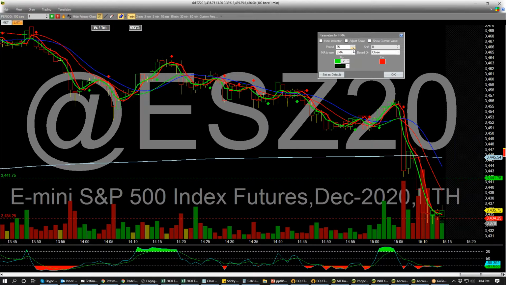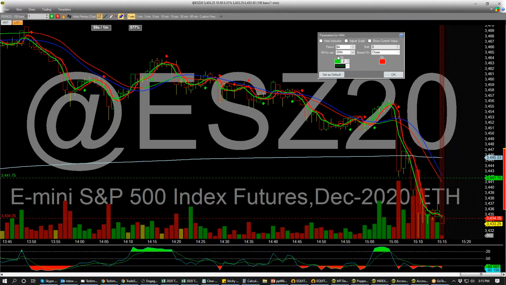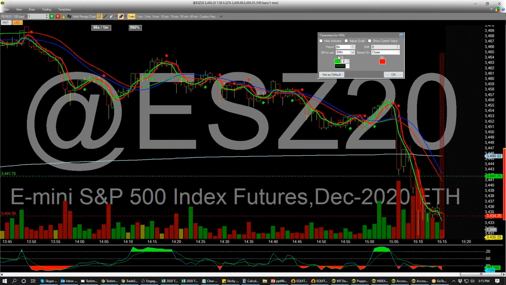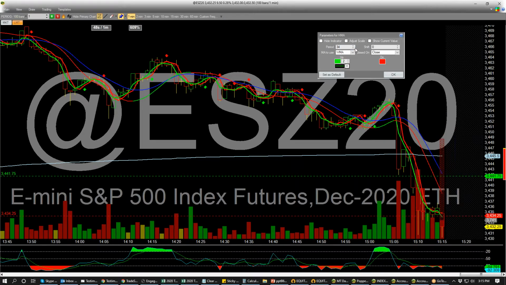to figure out where it was really close to that T3 throughout an extended period. And it felt like the 34 was. The 34 is also a Fibonacci number. I'm always a big fan of using Fibonacci numbers, but there's a WMA, which I couldn't quite get to line up as nicely.